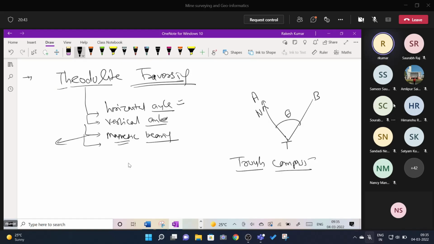Leveling by the spirit bubbles on the theodolite. Be loud. So you have to say we have the 3 foot screws. Yes sir, we have 3-foot screws. By that we do leveling.